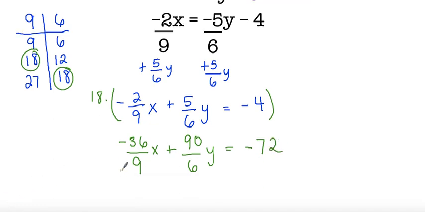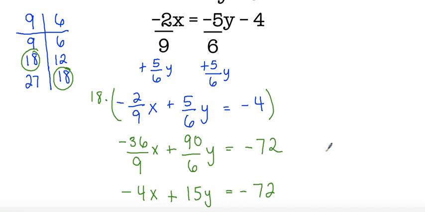And now we'll simplify it. So negative 36 divided by 9 is equal to negative 4x plus 90 divided by 6 is equal to 15. So plus 15y is equal to negative 72, because that's not being divided by anything. And so here we have negative 4x plus 15y is equal to negative 72.